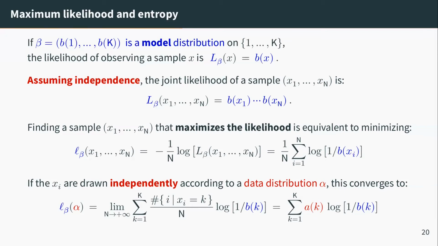So it fully describes my model distribution beta. I don't know if that seems to be very clear. Sorry. I think so. You can say b is a vector, and b1 is just the coordinate of this vector that is associated to the first label.